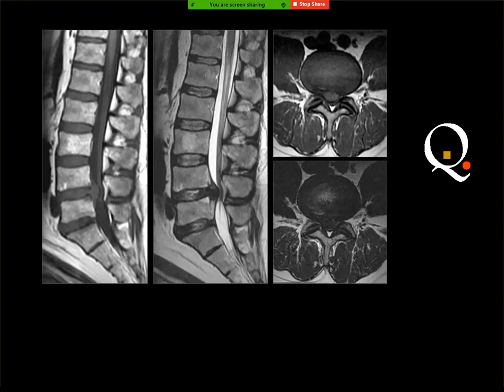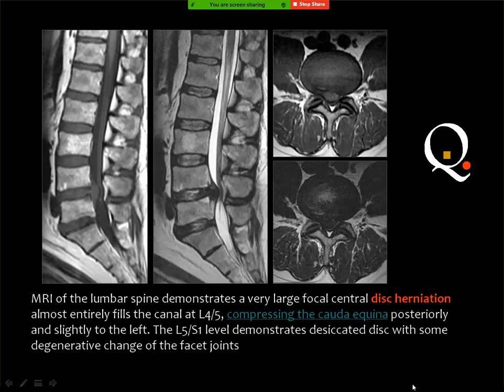L4-5 disc herniation. Yes. To which side, left or right? Central, right side. It is central, more paracentral. The main bulk of the disc is central and is relatively encroaching more on the right neural foramen, and this is the diagnosis.